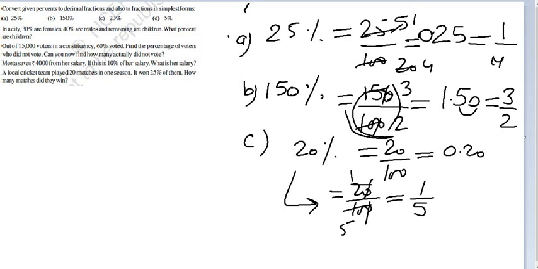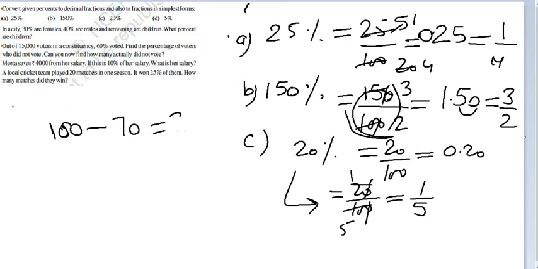Okay. So now we move to the next question. In a city, there are 30% females, 40% are male, remaining are children. As we know, total is 100. Out of 100, we have to subtract the sum of male and female. That is 30 plus 40, that is 70.